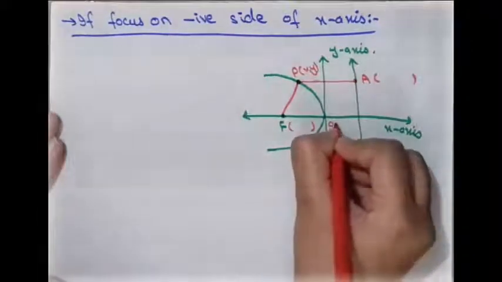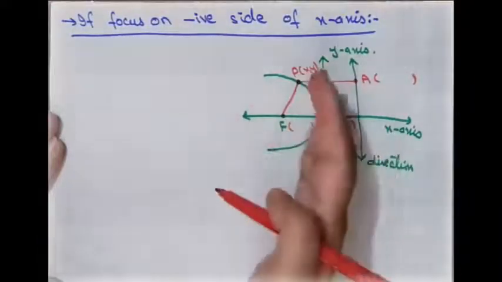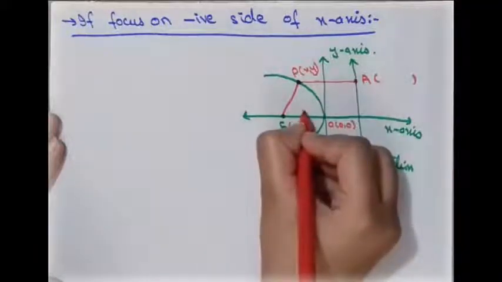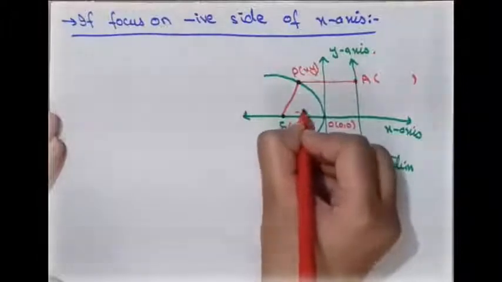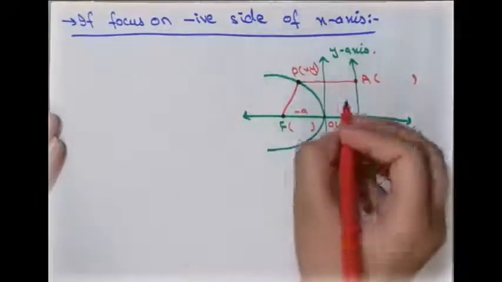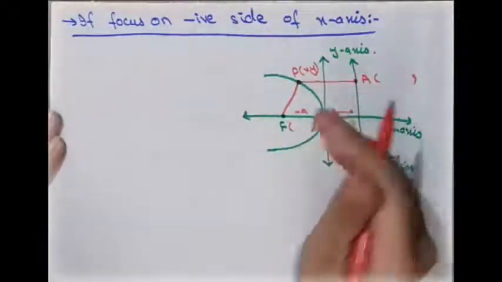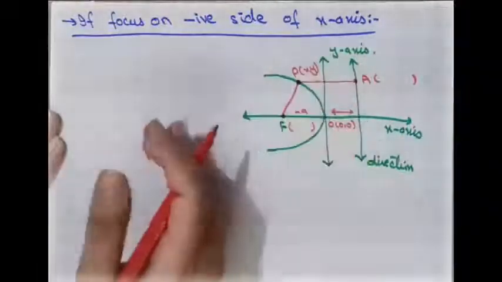Here is the origin, which is 0, 0, and since the focus is on the negative side of the x-axis, here is our distance, the same in magnitude but with a minus a. The distance is the same in magnitude, but this is the positive side of the x-axis, and the parabola is on the negative side.